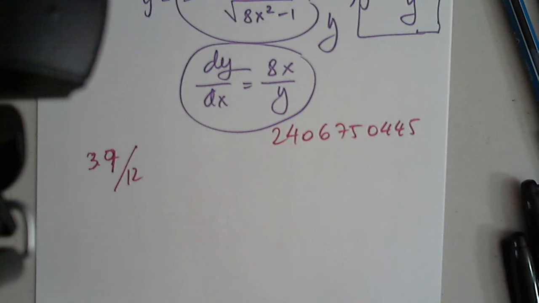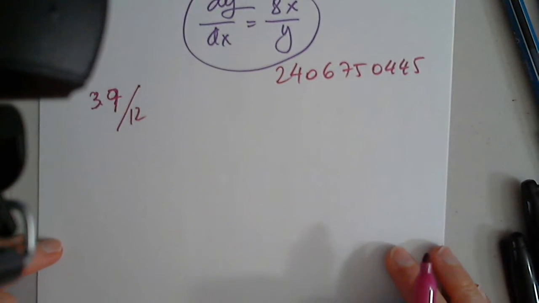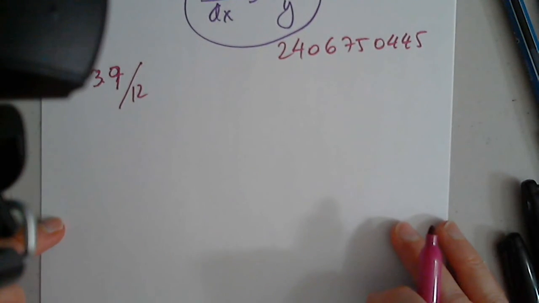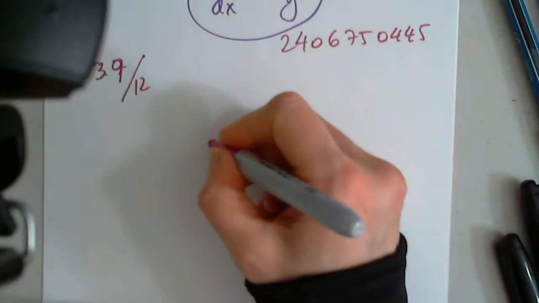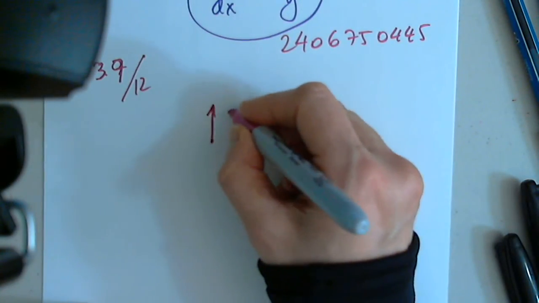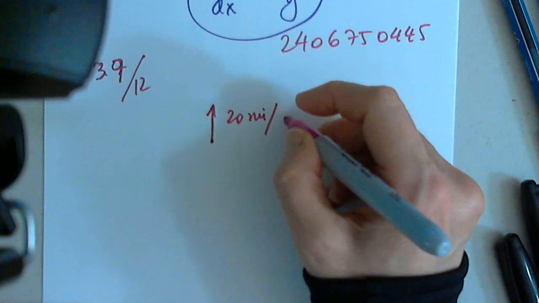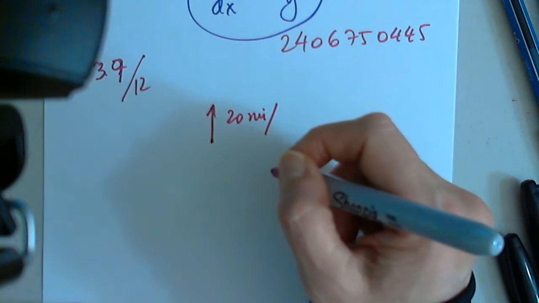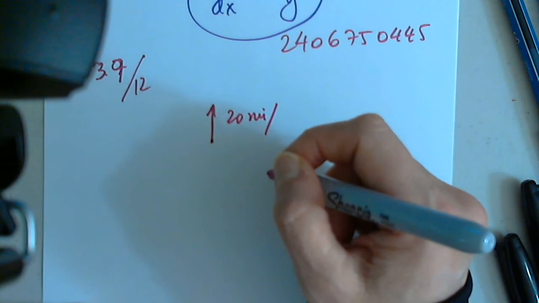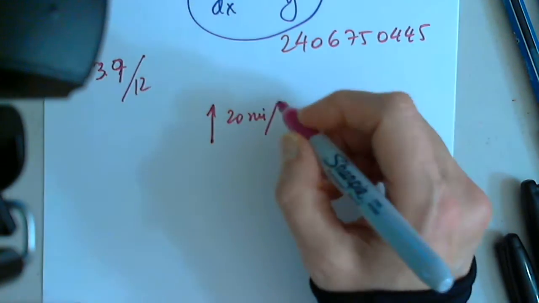Okay, you said problem 12. Yes. A car is traveling north on a straight road at 20 miles per hour. Okay, 20, is it miles? I guess so. So it's traveling north at 20 miles per hour. Or is it meters per second, I think.